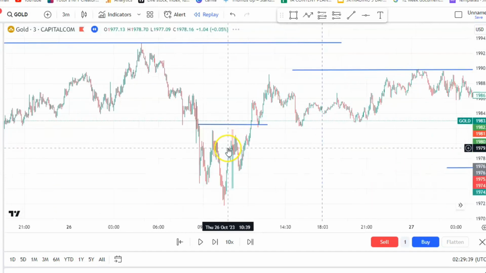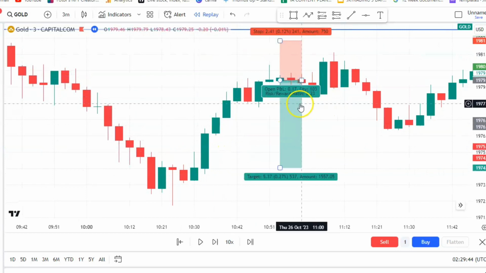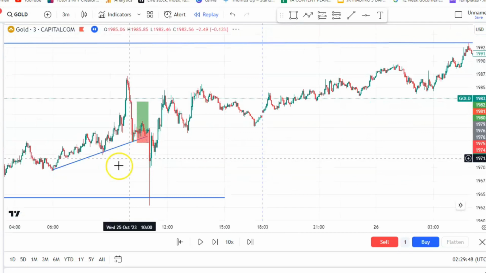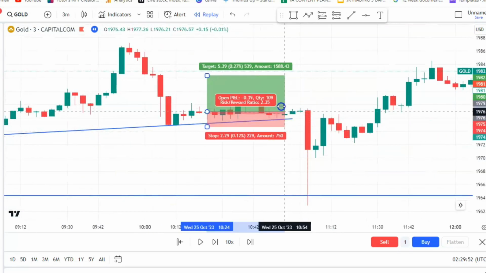So if we look at gold, if we traded gold, we got out at break even there. On this move, we got out at 11.